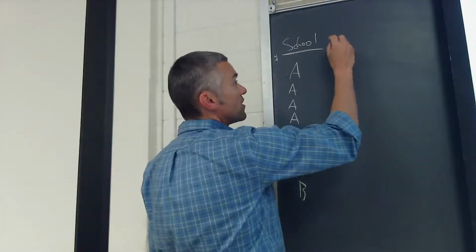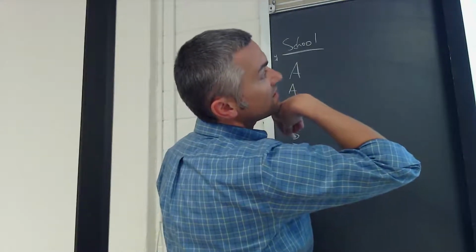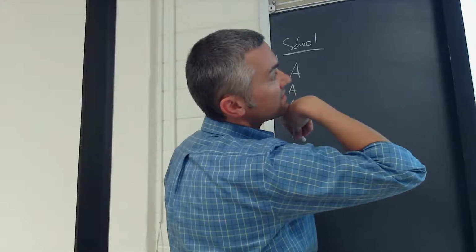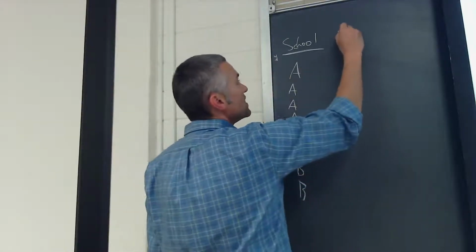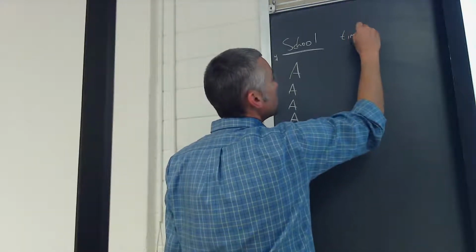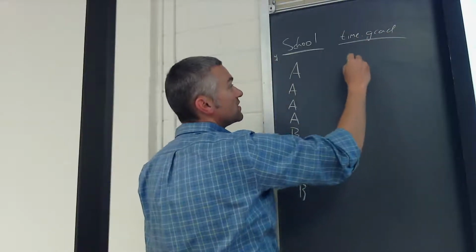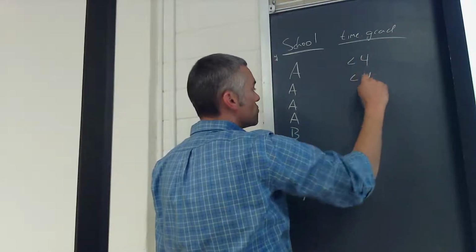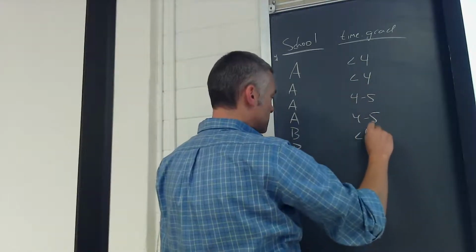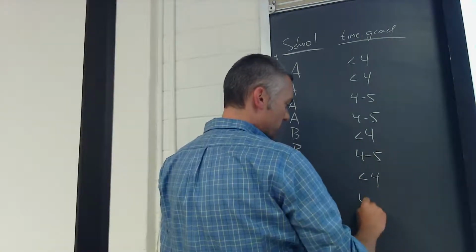Say this is the school variable. We've got salary, you know, y, where we see the different salaries. And then we're trying to shuffle time to grad. We are testing time.grad. So we've got less than 4, 4-5, less than 4, and 4-5.